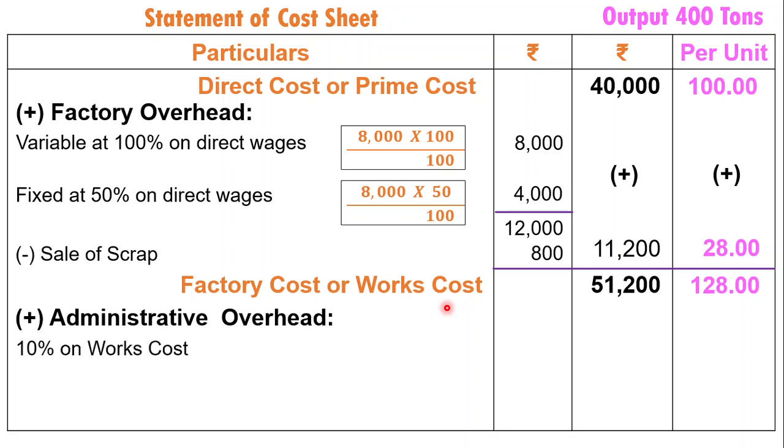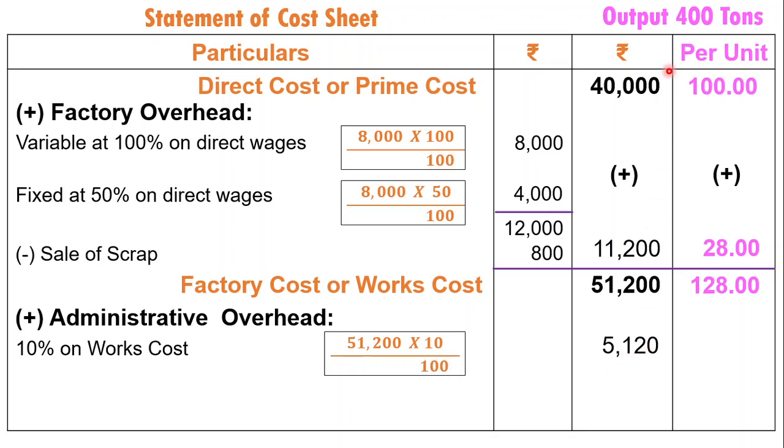The given information is 10% on works cost. Administrative overhead is to be taken as 10% on works cost. Here works cost is already ascertained, that is 51,200 into 10 divided by 100, that is 10%, 5,120.